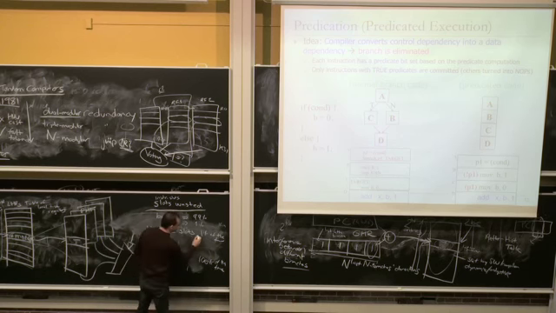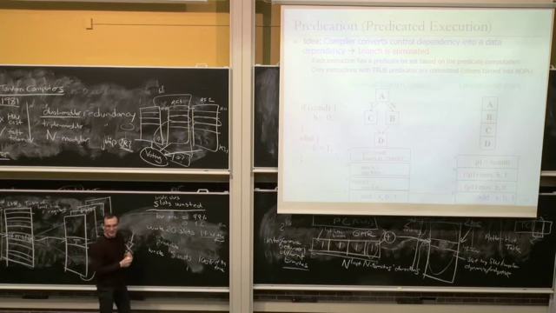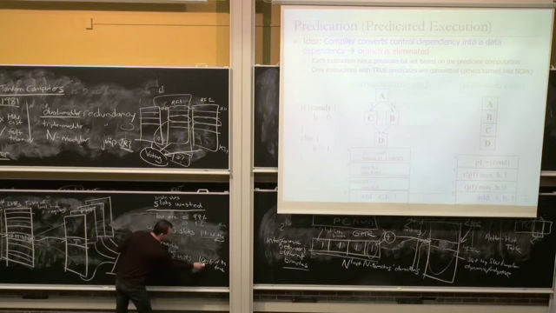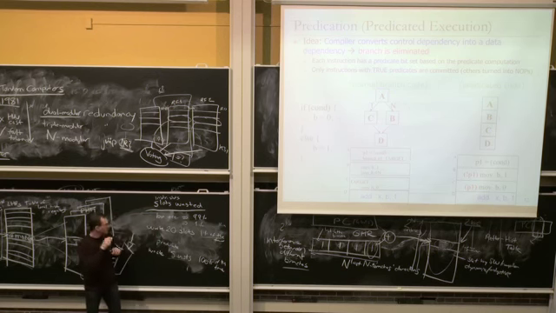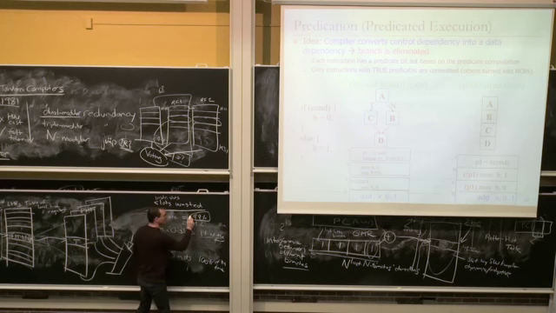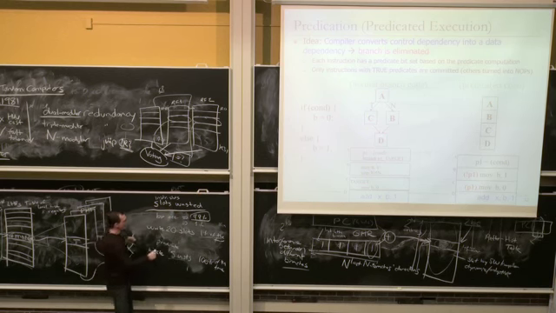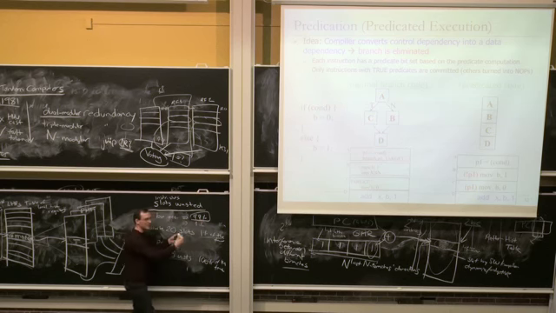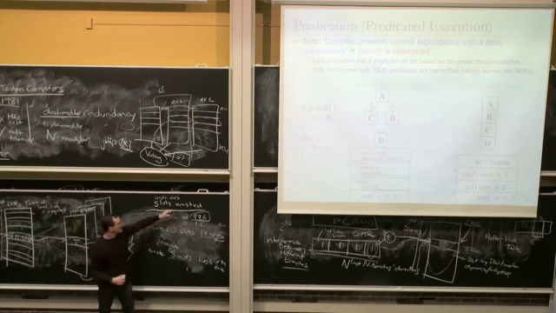Now it depends on how often you execute the branch, I guess it doesn't depend on that, does it? So this is a bad idea in this case. Is that correct? You're wasting 20 slots 1% of the time versus you're wasting 5 instructions 100% of the time. So if your branch prediction accuracy is really high, this idea is not good. So then the question is, what should your branch prediction accuracy be for this to make sense?